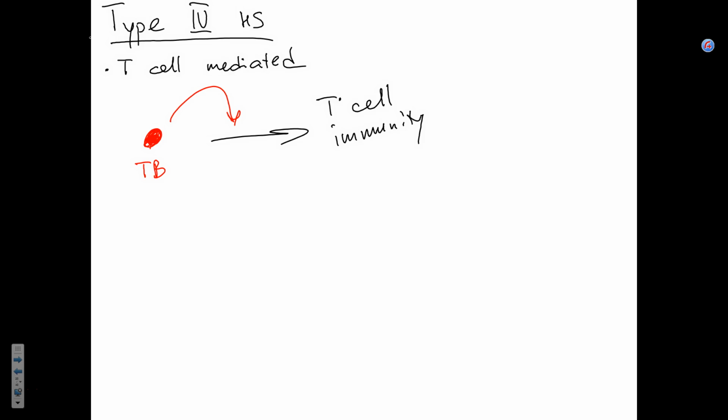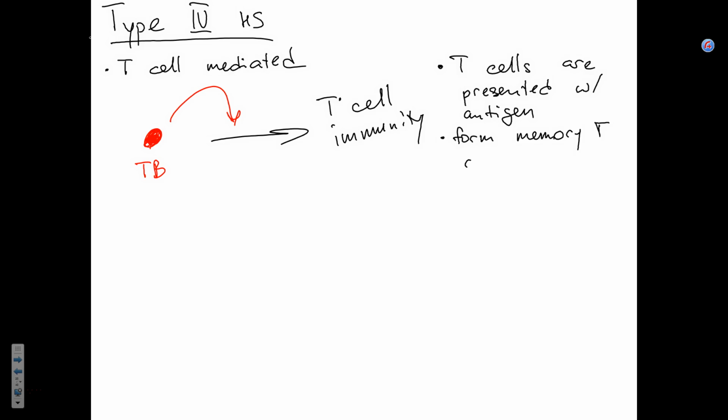Does that make sense? So T-cells are presented with the antigen, first of all, and what is important, they form memory T-cells.